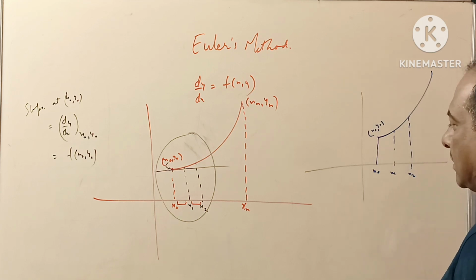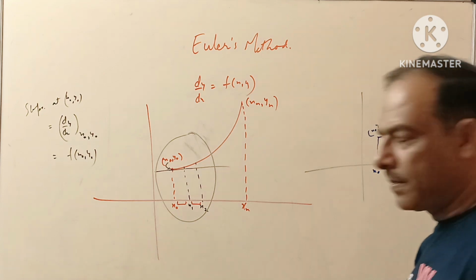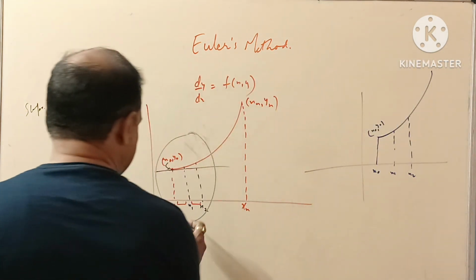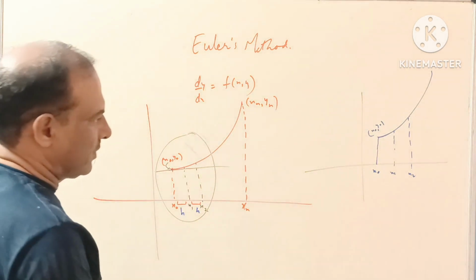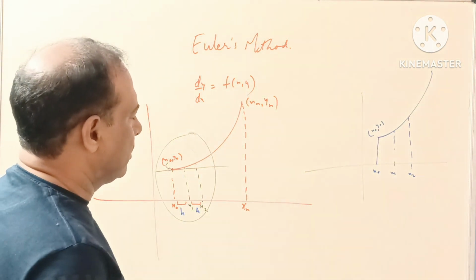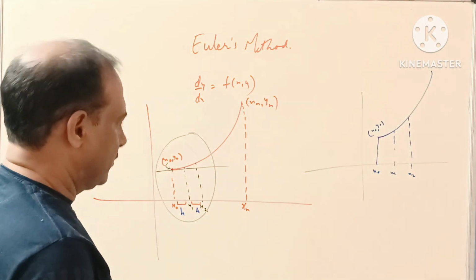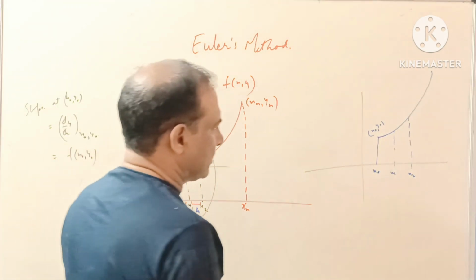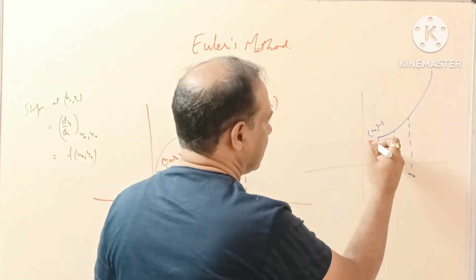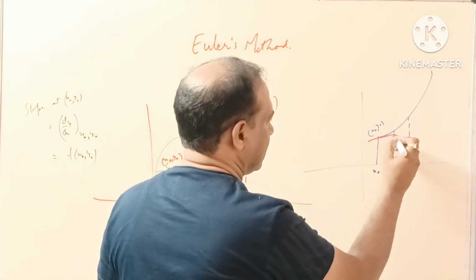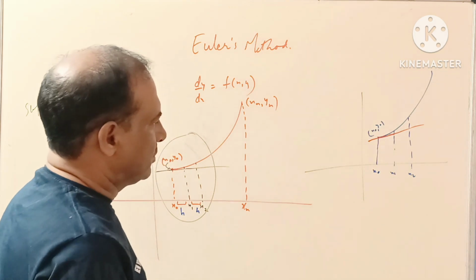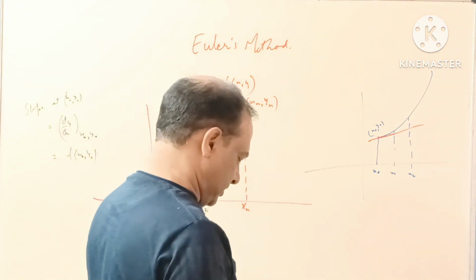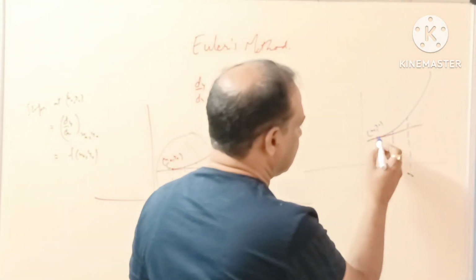The step size must be equal. Here this is h, and this is h. This part will be equal. Now if I draw the graph for this part, it will go like this. And if I draw a straight line there, it will be like this.